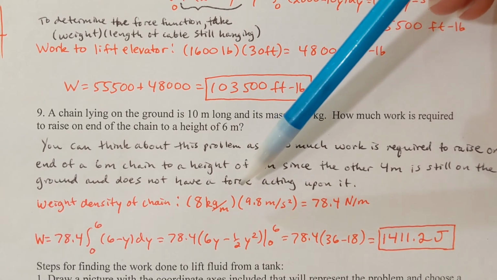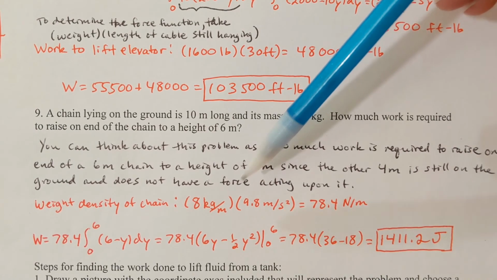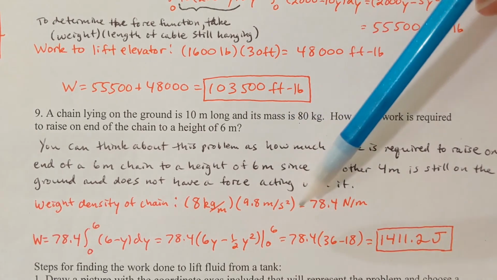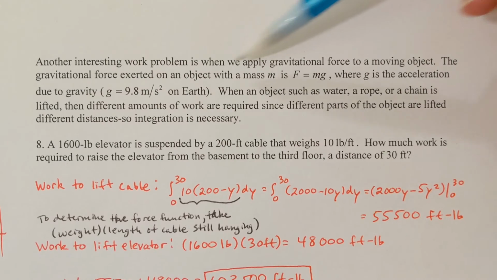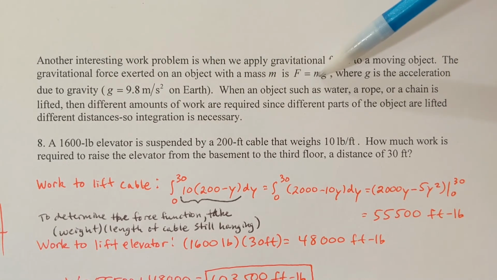Now, in this problem, since I'm working in the SI metric system, I'm going to have to figure in the acceleration due to gravity, and that is 9.8 meters per square second on Earth. They told us that information up here.